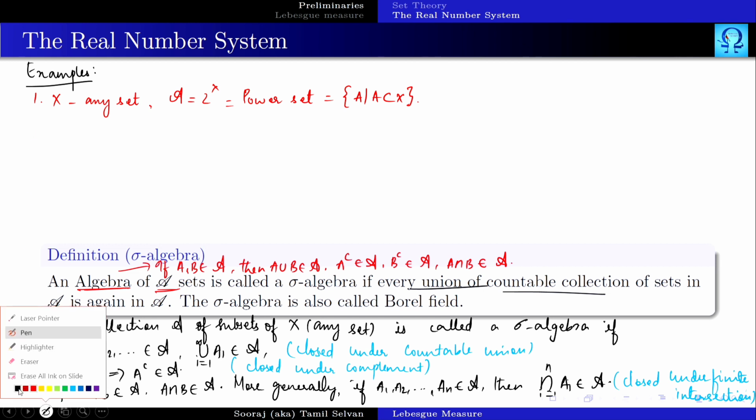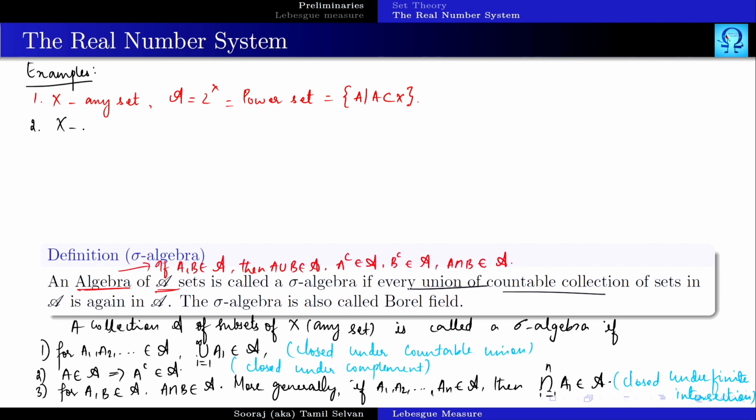Next example. In this example also, your X is any set. Here, your A is going to be simply the empty set and the entire set. Why is it so? Here you may very well check. You have only two possibilities. If you consider phi, it is phi.